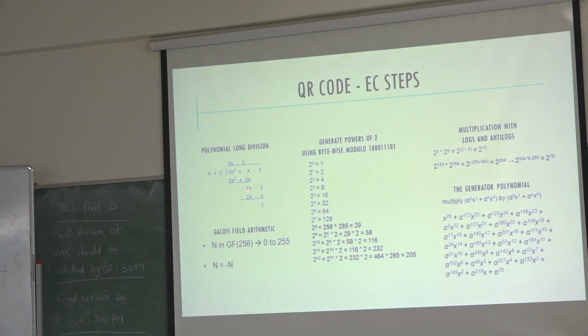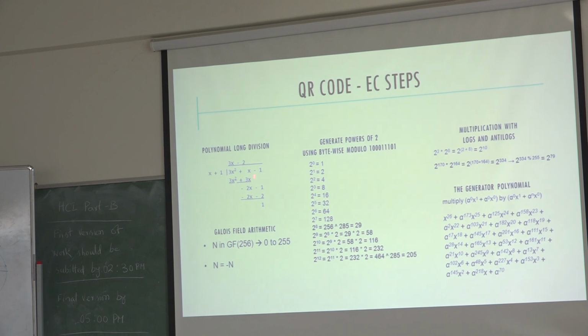After division, we do subtraction. Whatever we keep, we multiply with the generator, subtract it, and get the result. Every time we multiply with the generator polynomial, whatever is there, we subtract. After subtracting, we repeat the step until we get the last or least term.